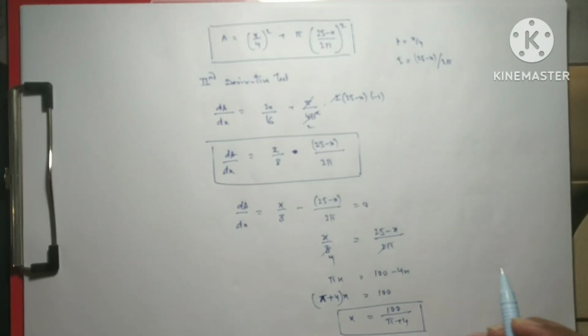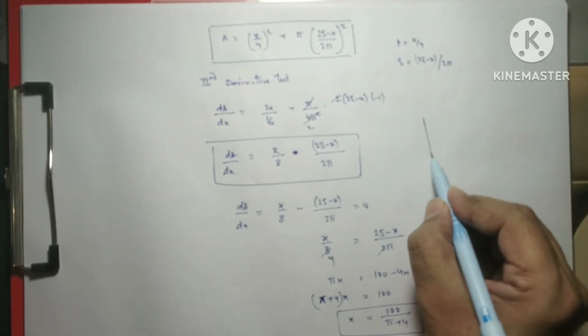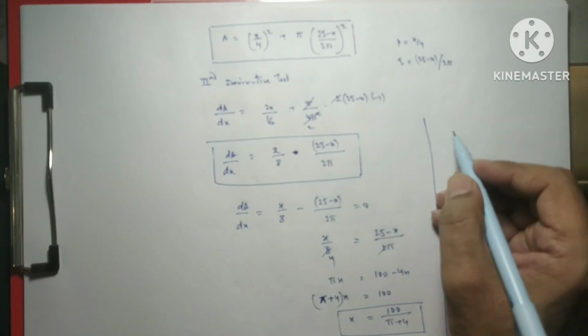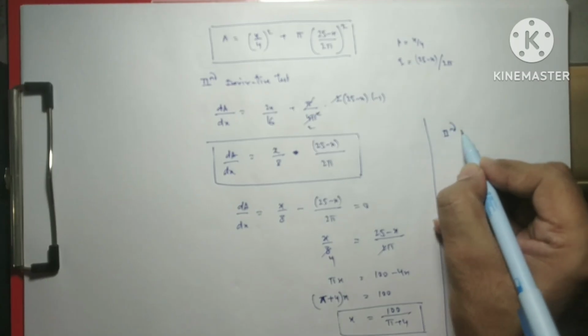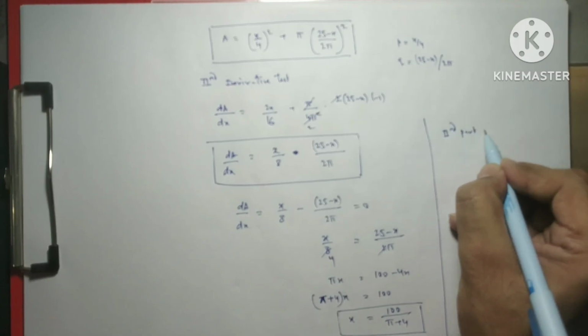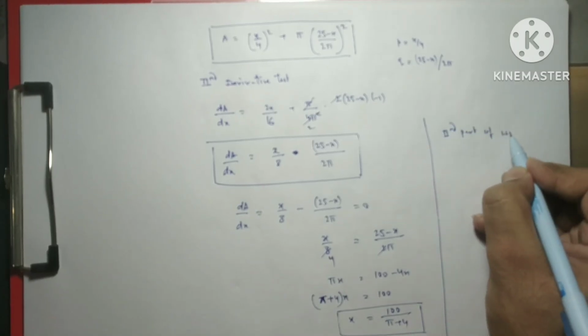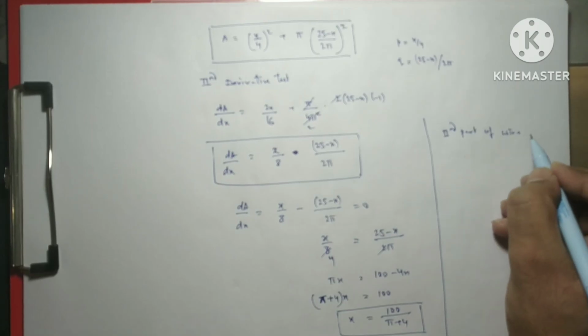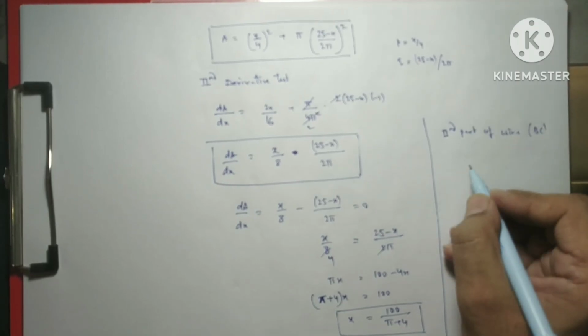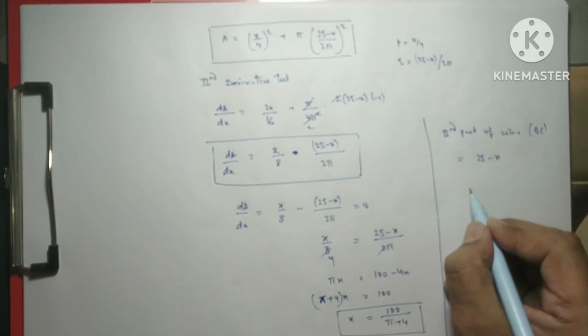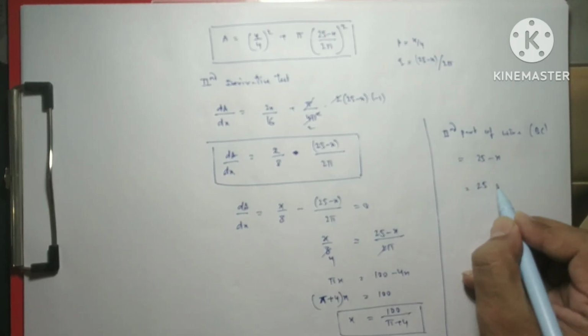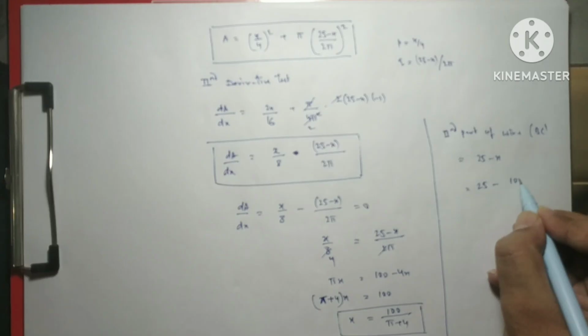Now we want the second part of the wire, that is BC. That is 25 minus x. So it will be 25 minus 100 over pi plus 4.